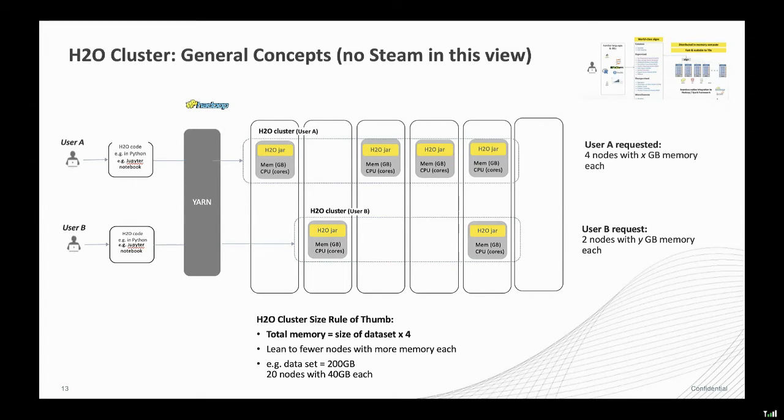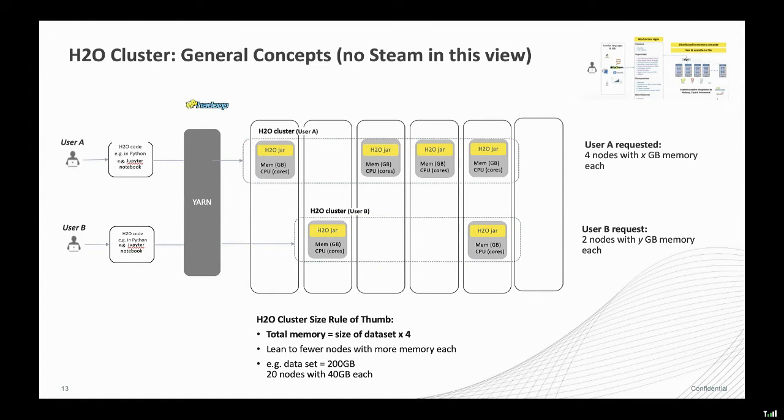So a user defines the size of the H2O cluster. The size is pretty much defined by how many nodes I want it to run on, how much I'm dividing and conquering, and then how many gigabytes of memory I want on each node. And then a different user will do the same thing.